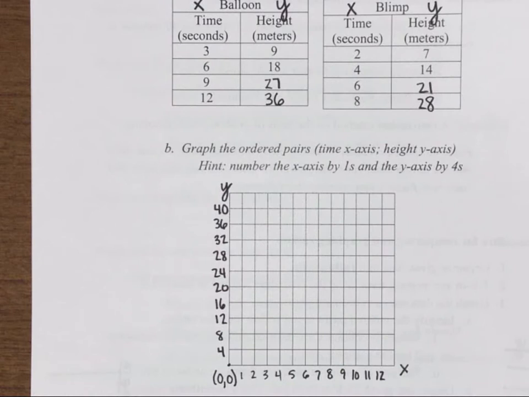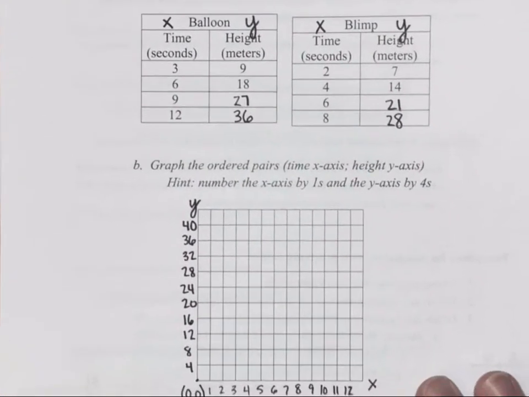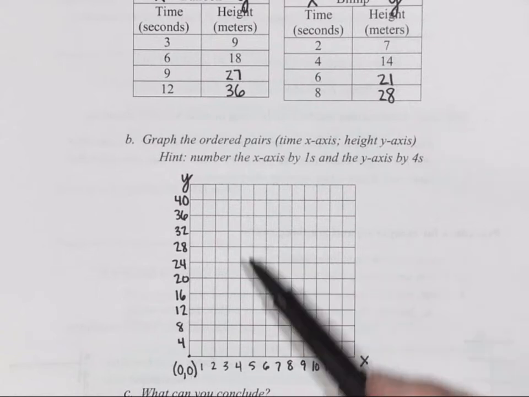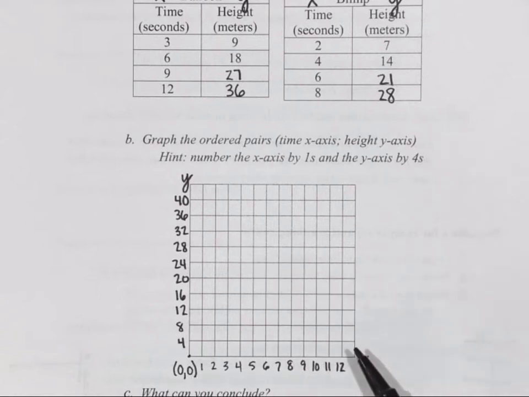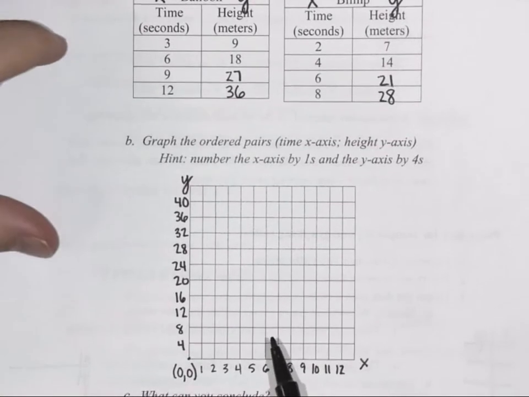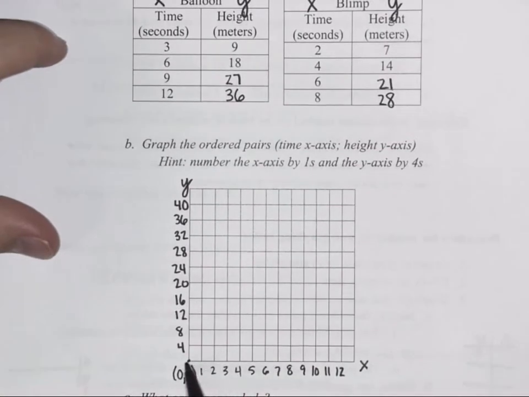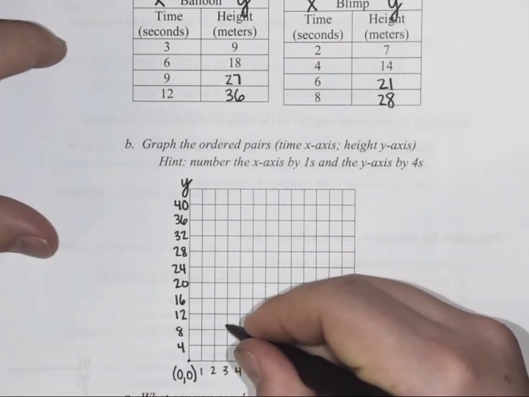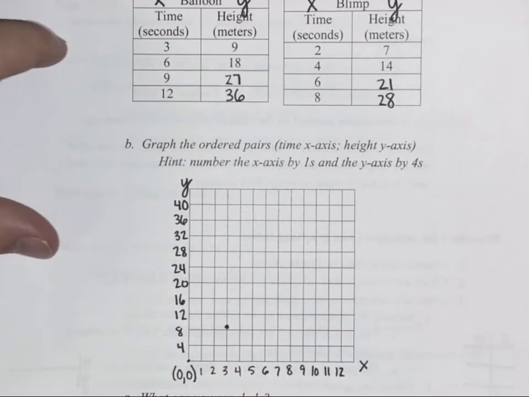So if we want to graph these points, remember the x always goes first, that's my left and right, and then my y. So if I want to plot these points, the first one we have the point 3, so over right 3, and then up 9. Well, 9 is not on one of the lines, it's going to be right above the number 8, so somewhere right there.